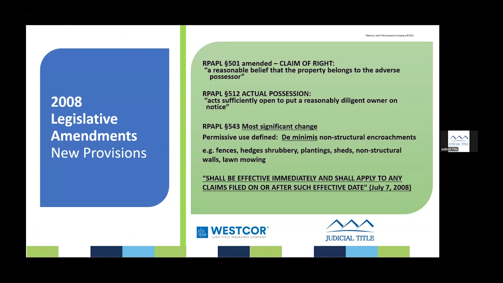The adverse possessor must show a reasonable basis for his or her belief that the property belongs to him or her, and acts which constitute notice of protection by some sort of substantial enclosure, so that the owner would have reason to know about the improper occupancy and cultivation. Improvements such as fences, hedges, and shrubs are no longer the basis for showing open, notorious, and hostile possession. Those were deemed to be de minimis encroachments and deemed permissive under the new rule.